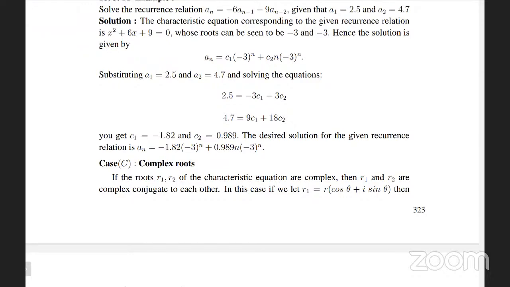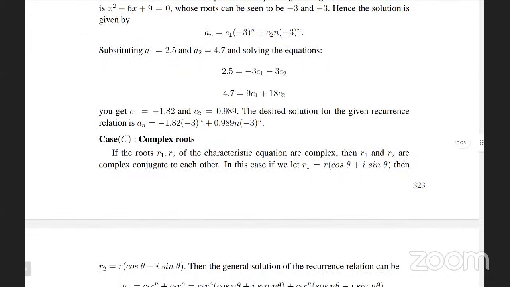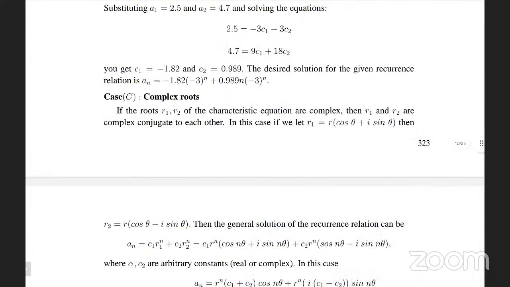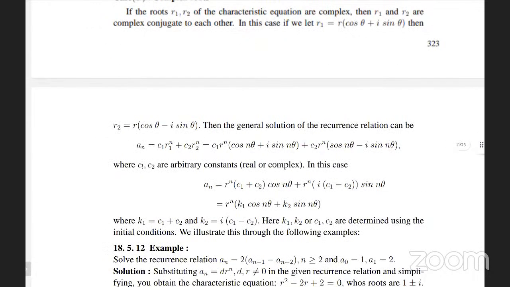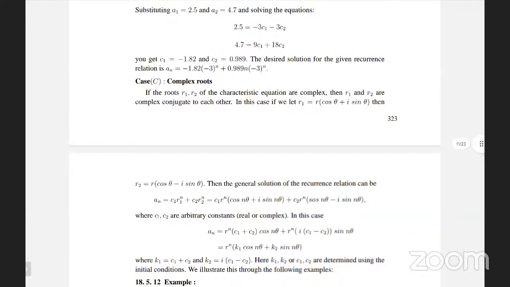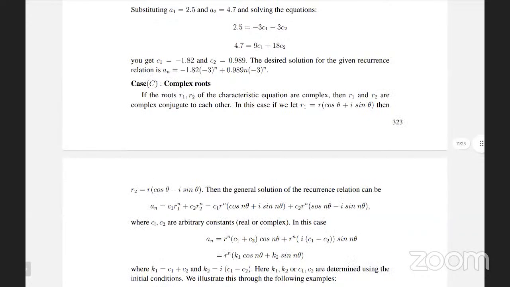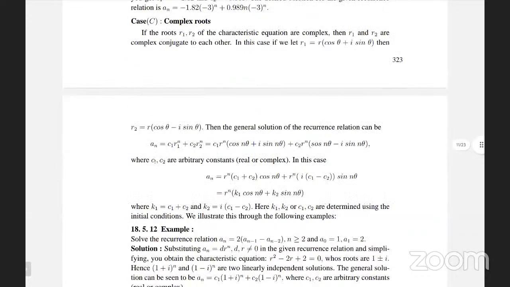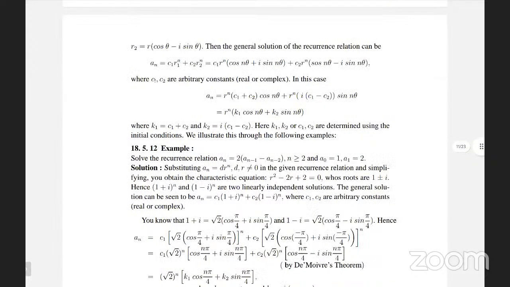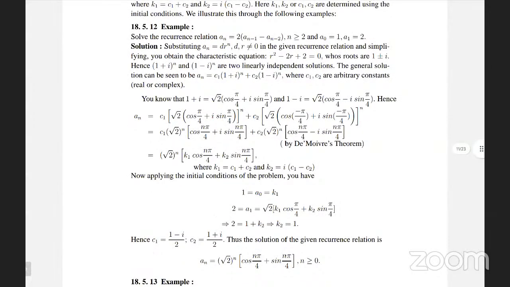Now here, when complex roots come, r1 and r2 are given by minus b plus or minus square root of b square minus 4ac by 2a. See the problem below: an equals 2 times an minus 1 minus an minus 2. The same equation we should write here: r square minus 2r plus 2 equals 0. Here the roots are 1 plus or minus i.